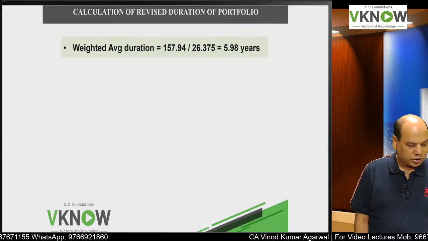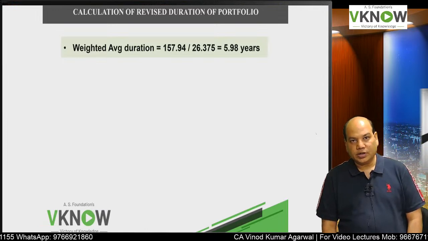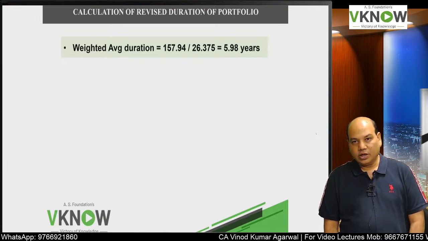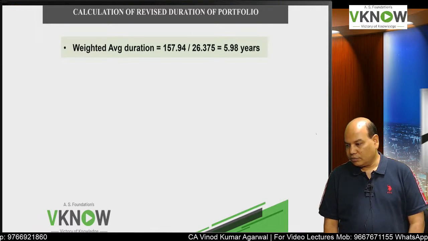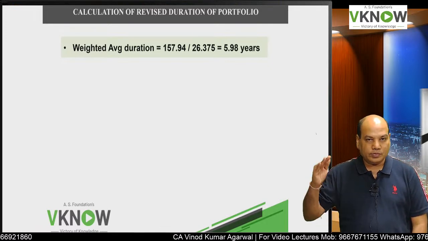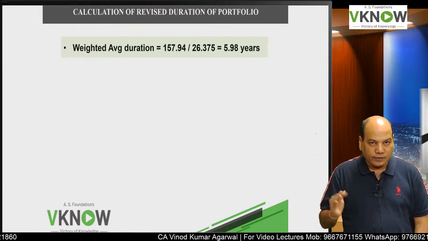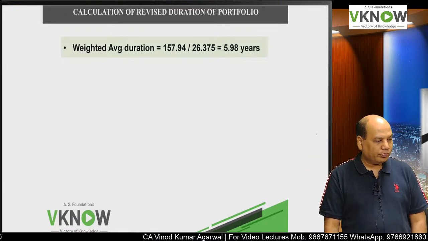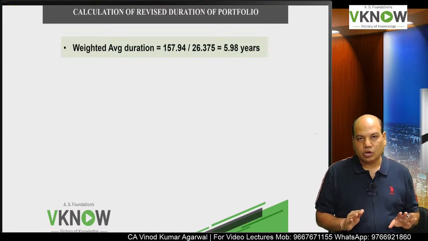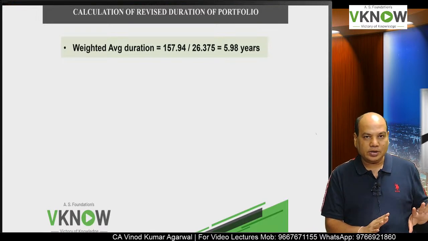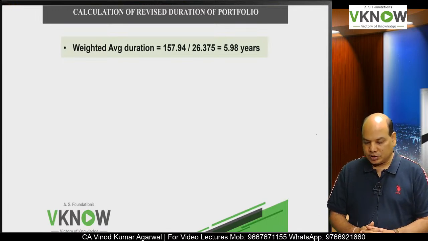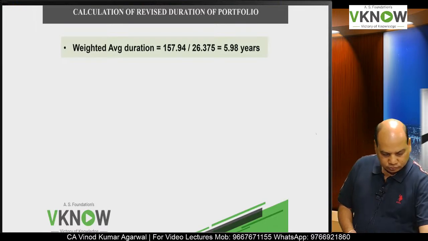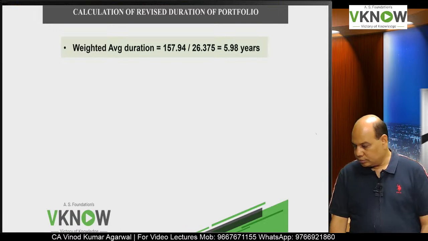Weighted average duration is equal to 157.94 divided by 26.375. So that is 5.98 years. So you have reduced your average duration of the portfolio. So there will be a loss, but the loss will be limited compared to the earlier situation. That is my purpose. Done.